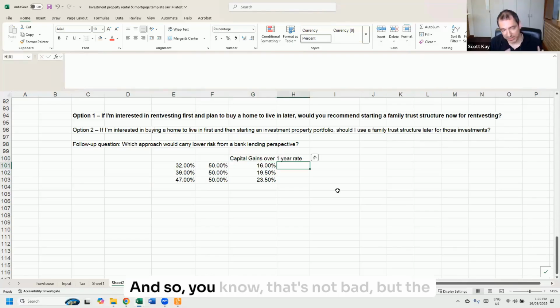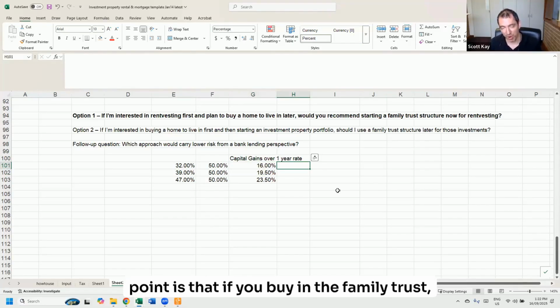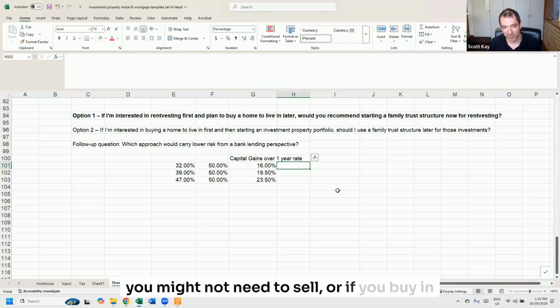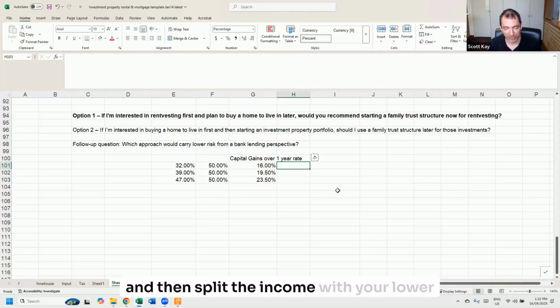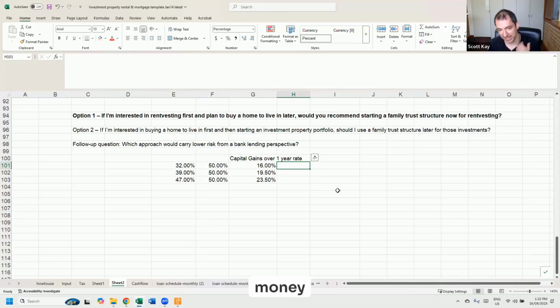That's not bad, but the point is that if you buy in the family trust, you might not need to sell. Or if you buy in the family trust, you might be able to sell and then split the income with your lower earning spouse or a self-funded retiree parent or other relative potentially.